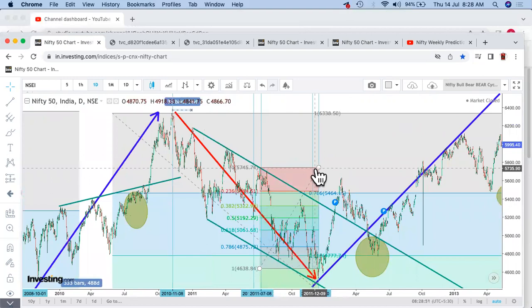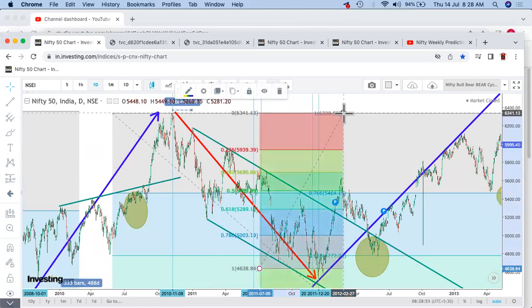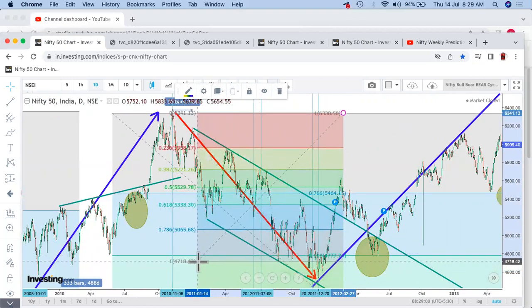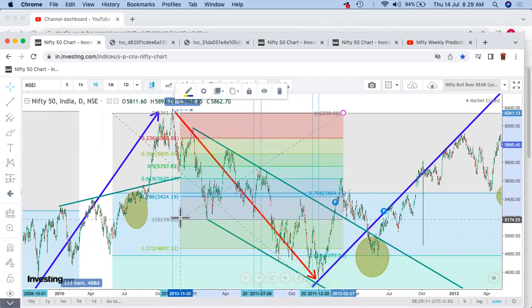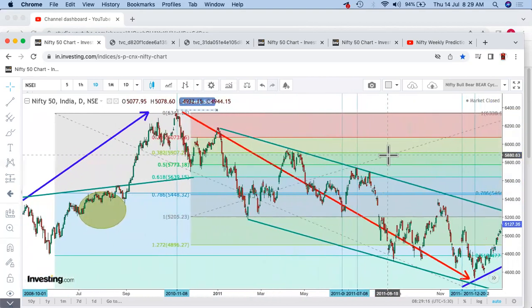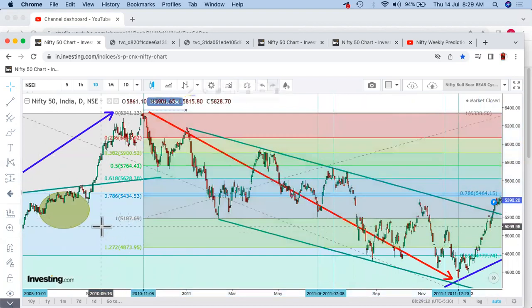I'll probably just shift my Fibonacci. Yep, this is how it comes down.